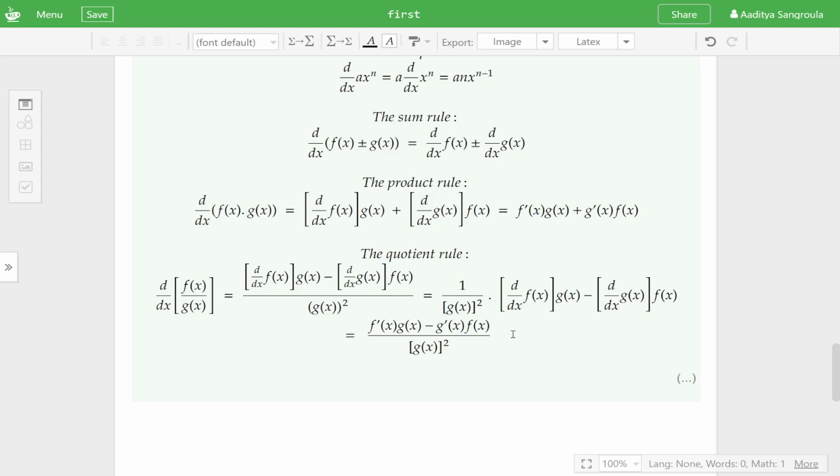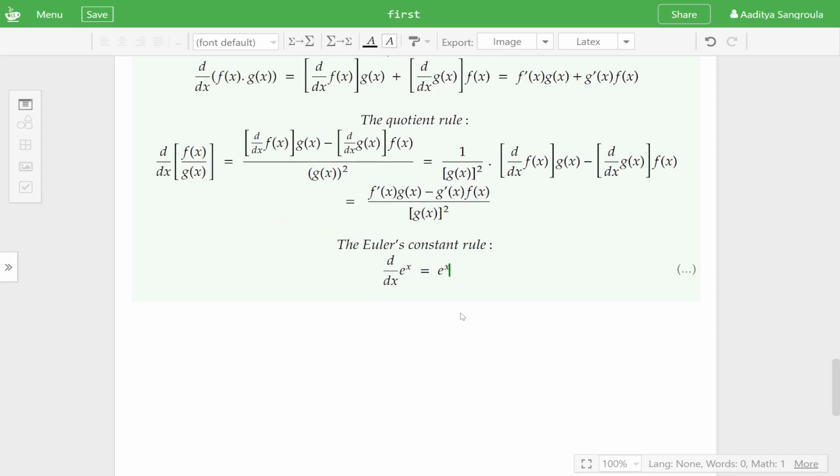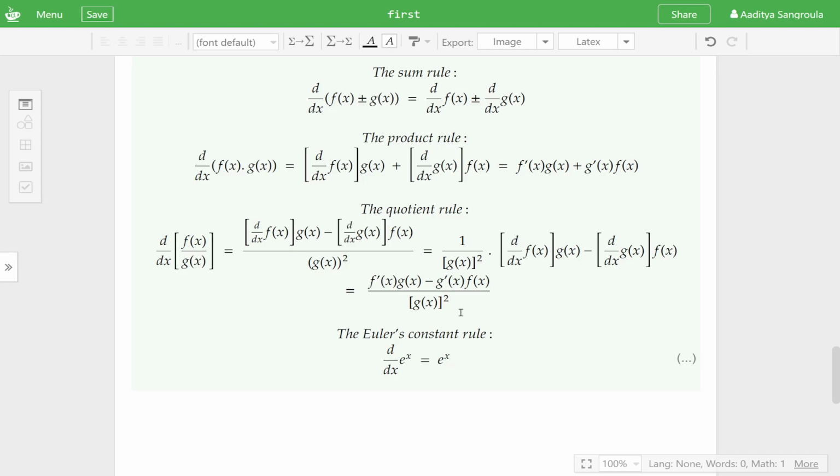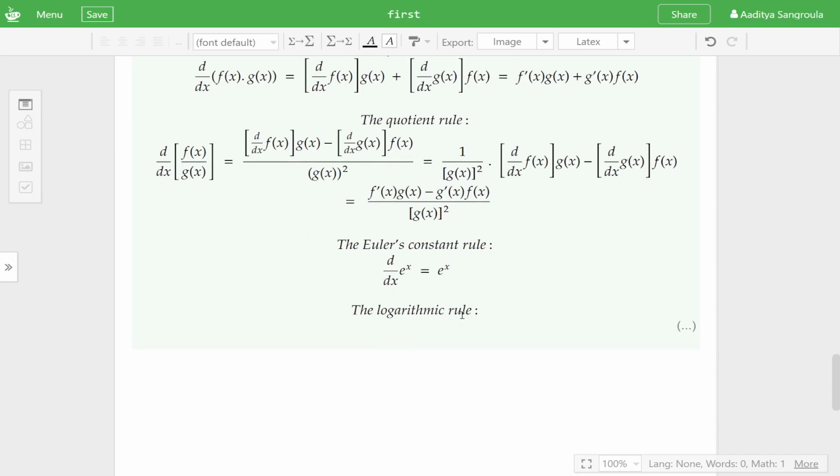And we have something like Euler's constant rule: the derivative of Euler's constant e to the power x is not going to change. It remains e to the power x. This is Euler's constant rule, and then the logarithmic rule.